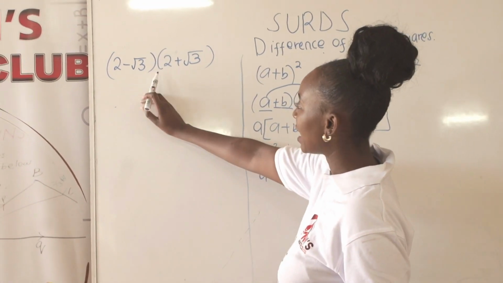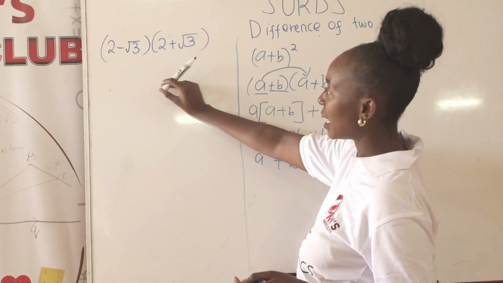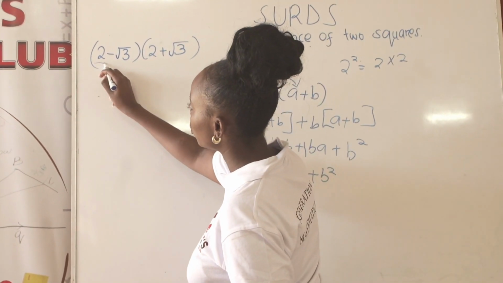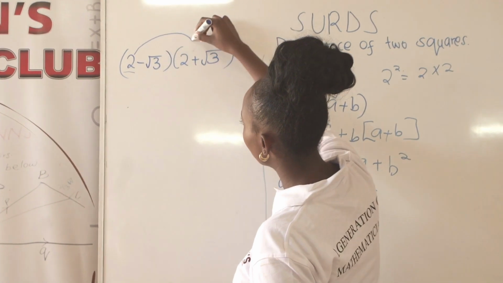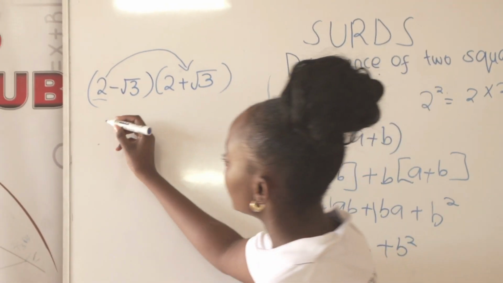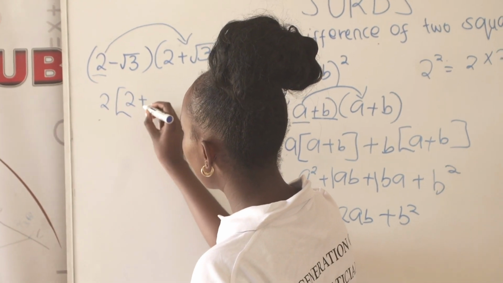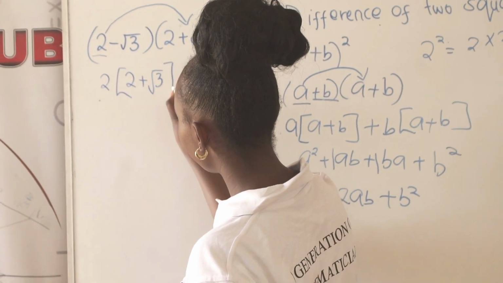So we have 2 minus root of 3, 2 plus root of 3. So like we said earlier, you take this first value 2 and you multiply by everything on this other side. So that becomes 2, you multiply by 2 plus root of 3.